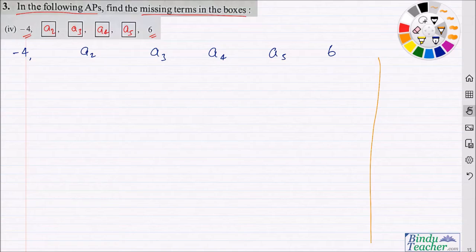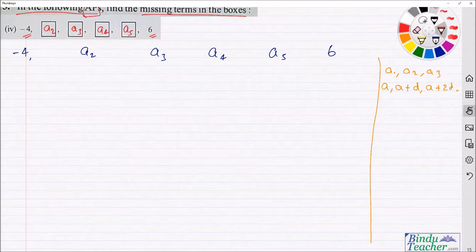A set of numbers, let's say A1, A2, A3, are said to be in arithmetic progression if they are of the form A, A plus D, A plus 2D and so on. Here they have already mentioned that it is an arithmetic progression, so we can assume that these numbers follow these principles. So let's apply these formulas here.